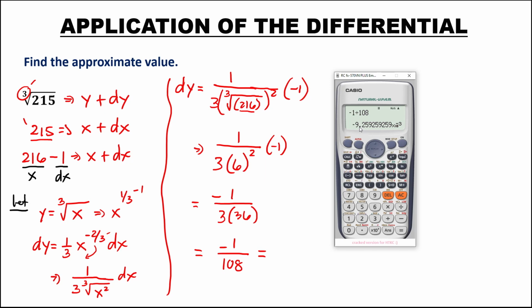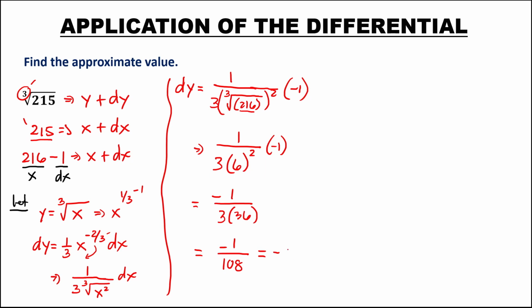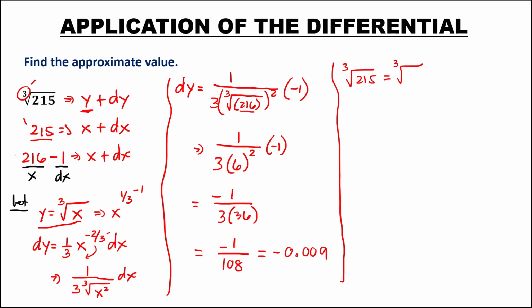Therefore, dy equals negative 1 divided by 108, which is approximately negative 0.009. Then to find the approximate value for the cube root of 215, we have y, and y is the cube root of x, that's 216, plus dy, and dy is negative 0.009.